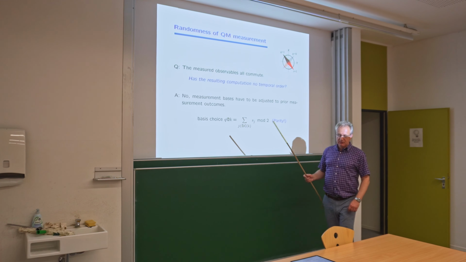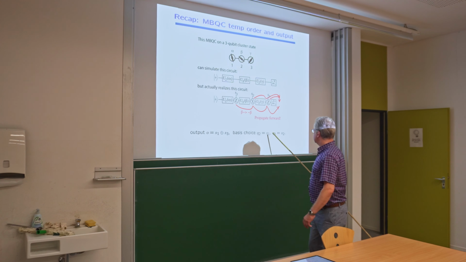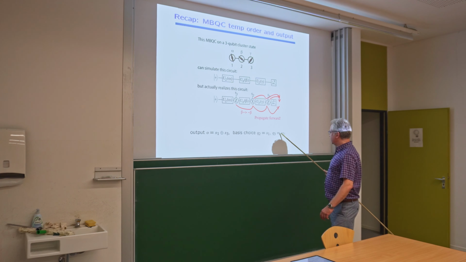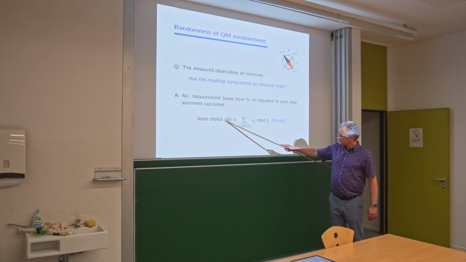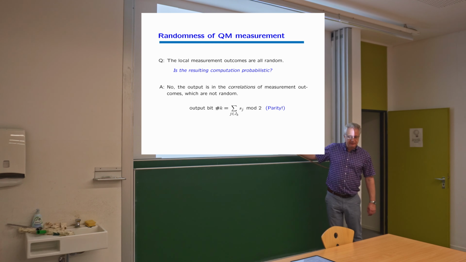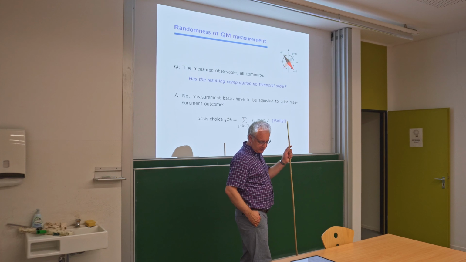So this is the second relation we saw on that previous slide. We have these relations. And they mean that in order to find the choice of measurement basis at some qubit k, we must measure qubits at other locations first so that we can figure out what the measurement basis is going to be. So there is temporal order even though the observables commute.